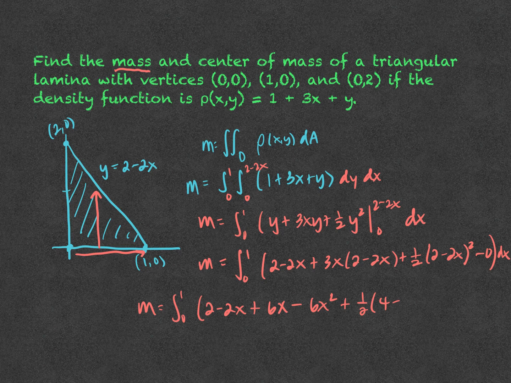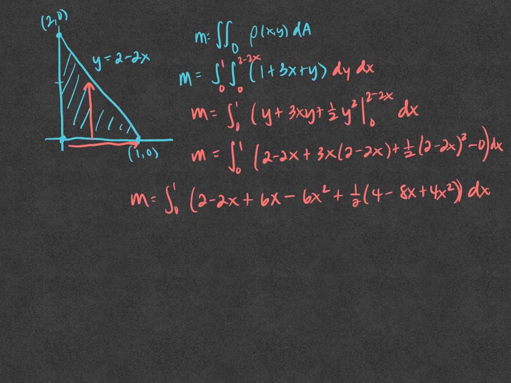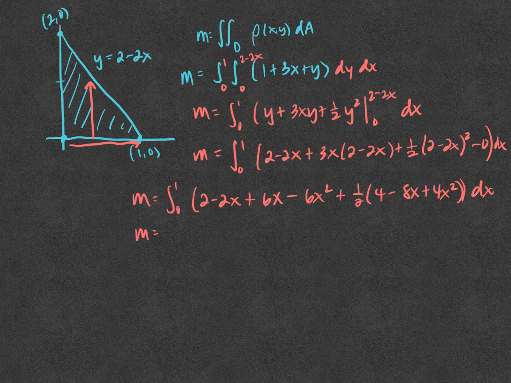Squaring gives 4 minus 4x minus 4x, which is minus 8x, plus 4x squared. And we're going to leave off the minus 0. We have to distribute that 1/2. So m equals the integral from 0 to 1 of 2 minus 2x plus 6x minus 6x squared plus 2 minus 4x plus 2x squared with respect to x.